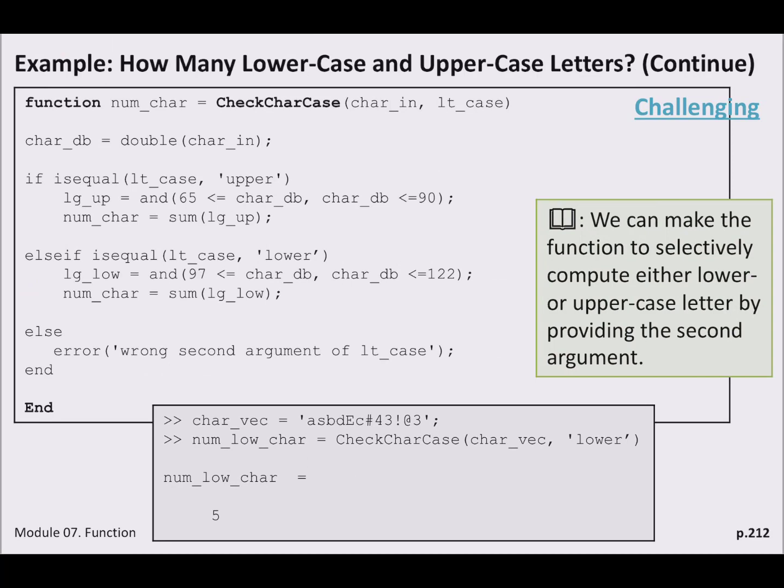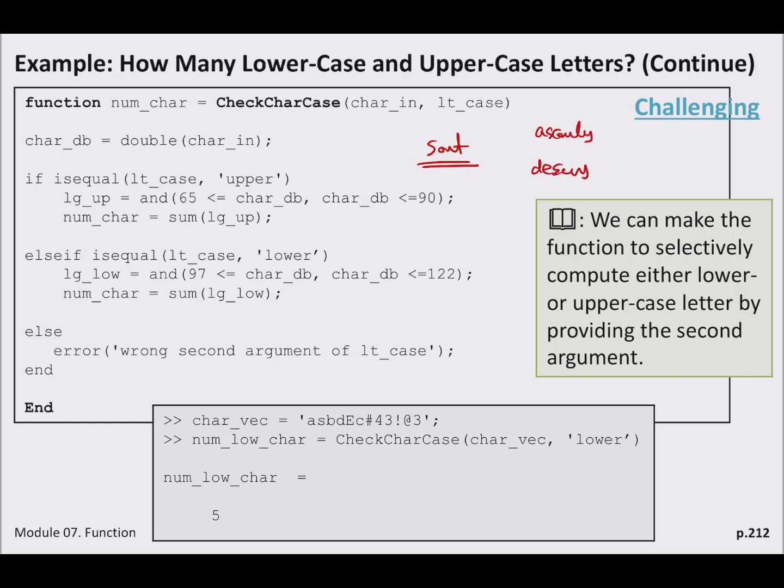So we can design the function to perform this operation in a different way. What if we make the second argument let the user choose lowercase or uppercase? Do you remember the sort function? We can sort the vector in ascending or descending order.